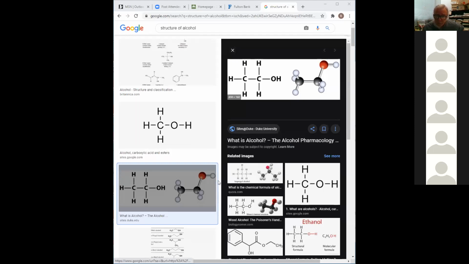So what is this? It's alcohol. That's one of the solutions to that. So two carbons, 1 oxygen, and 6 hydrogens.